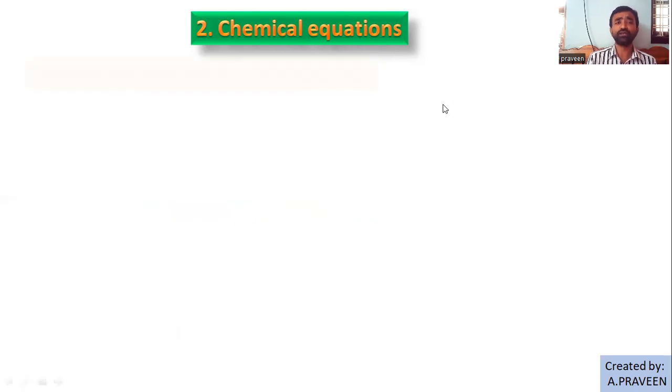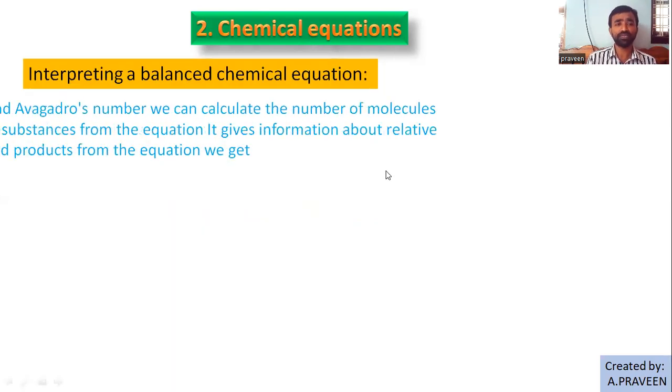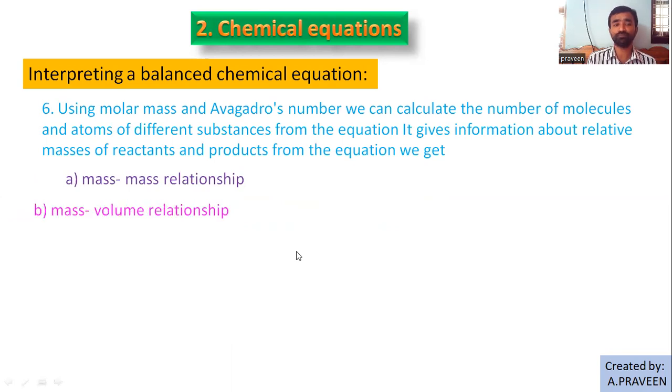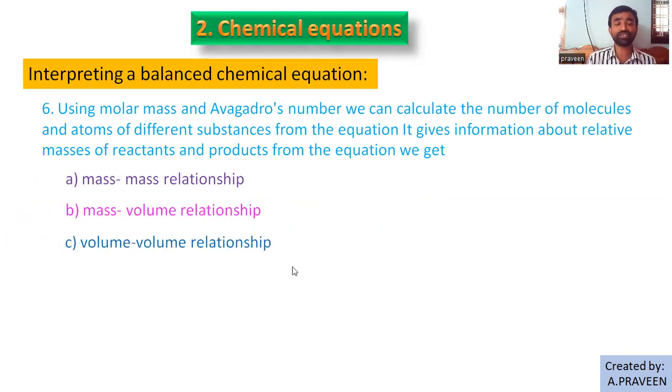Then next, one more point is there. You are able to give a relation by knowing the molar masses. What are they? Mass relationship, volume relationship, right? Mass volume relationship. And next, mass, volume and the number of molecules relationship.